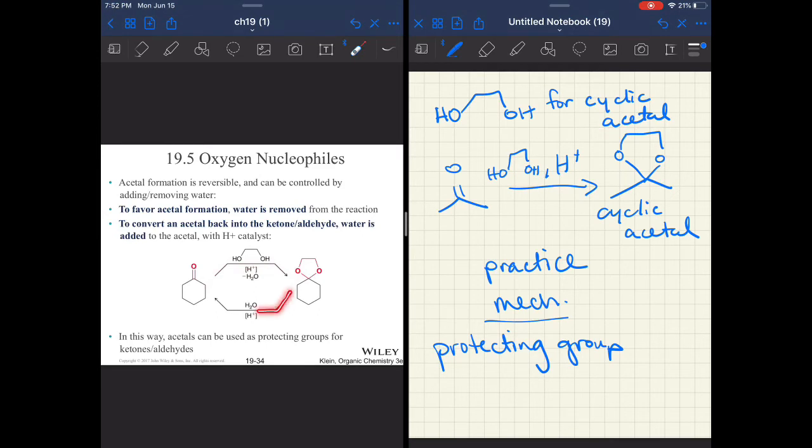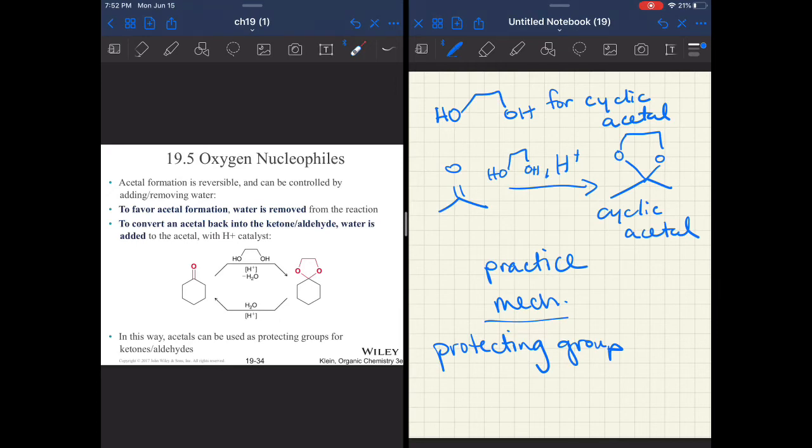you can reverse that reaction by just drowning it, right? If we lose water, we have a dehydration. When we make our acetal, hydrating it is going to push that equilibrium in the opposite direction. This is just Le Chatelier's principle, right? If I add more product, then I'm going to shift the equilibrium back towards reactants.